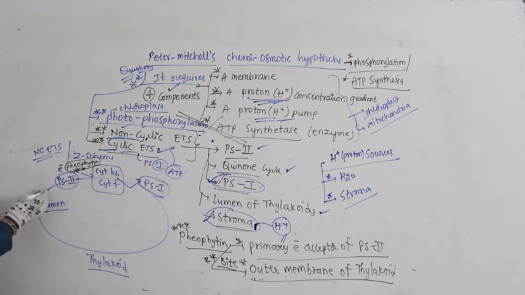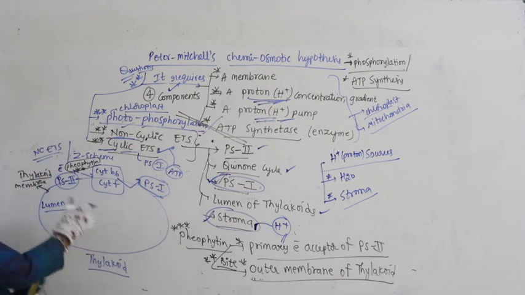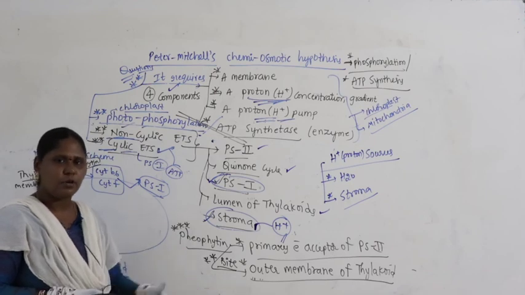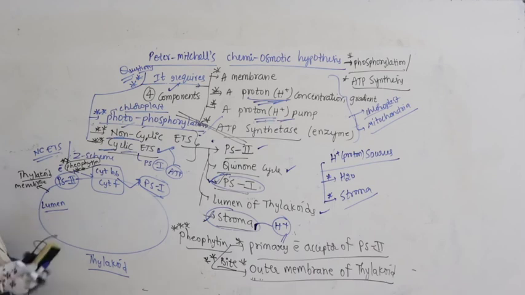This is the thylakoid, and this is the thylakoid membrane. So whenever you get the question on the site or location of pheophytin, it is the outer membrane of the thylakoid. Pheophytin is a primary electron acceptor of PS2.